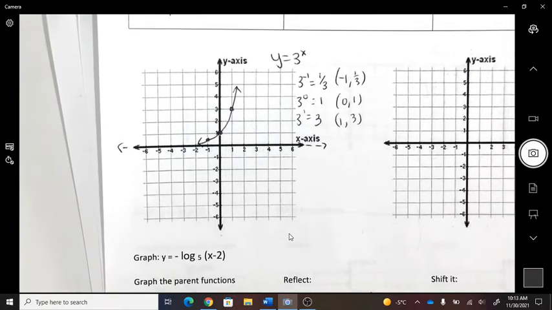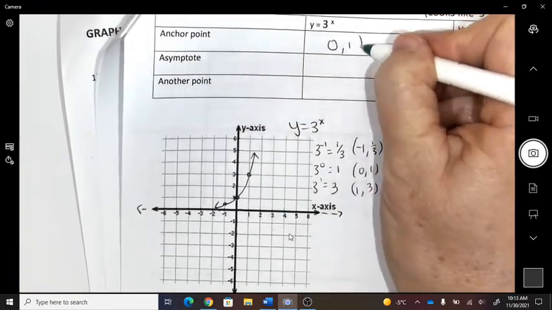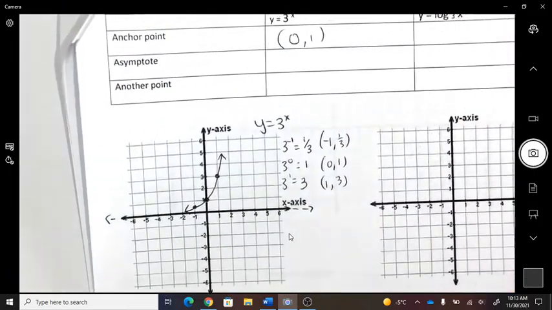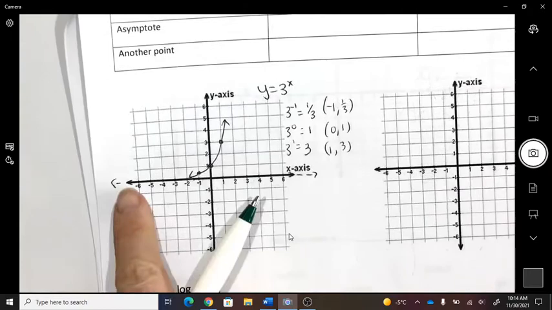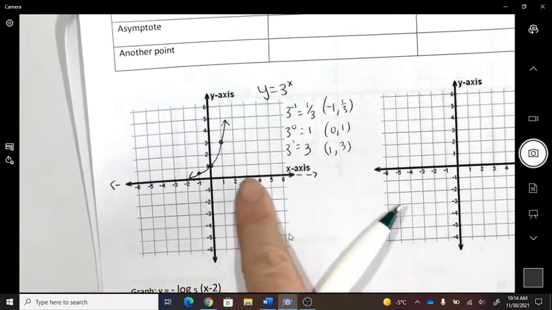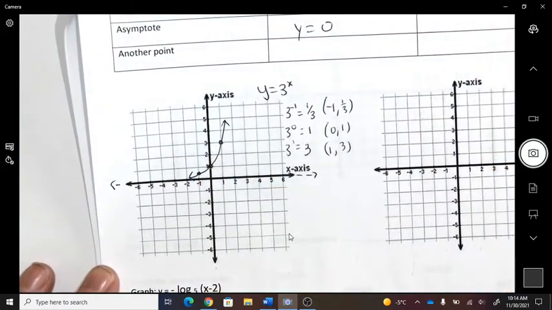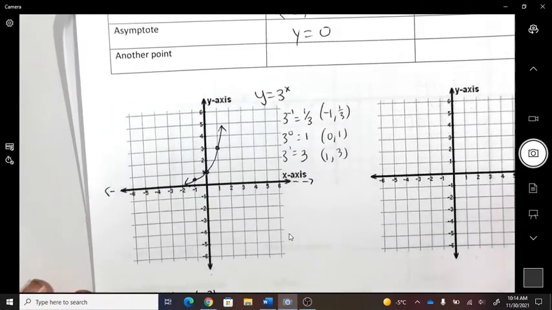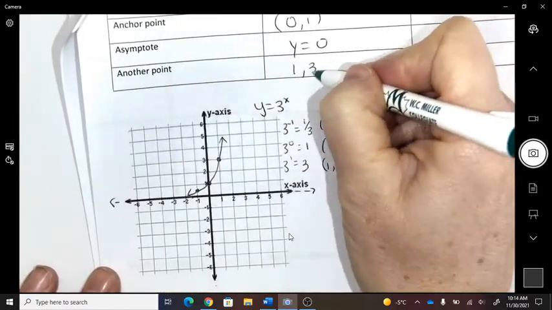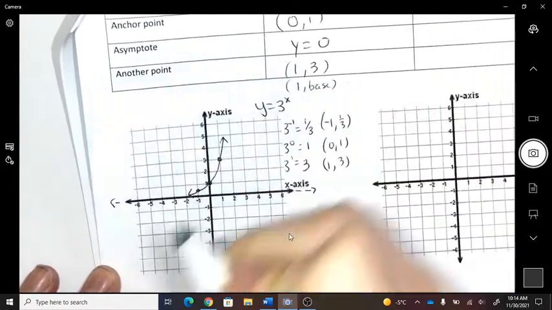Okay, so what's the anchor coordinate? So the anchor coordinate was 0, 1. What's the equation of the asymptote? What's this equation? Y equals 0, because it's a flat height of 0. And what was the another point? 1, 3. Because you can always go 1, base, right?